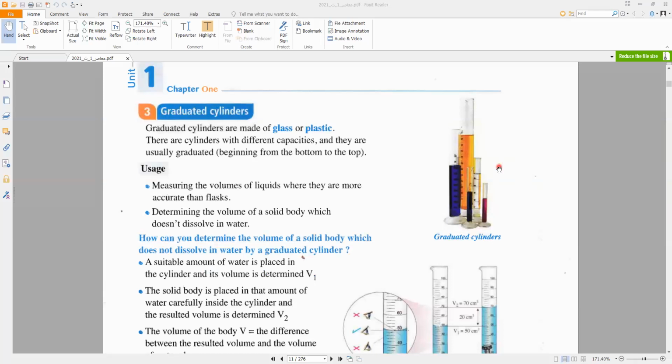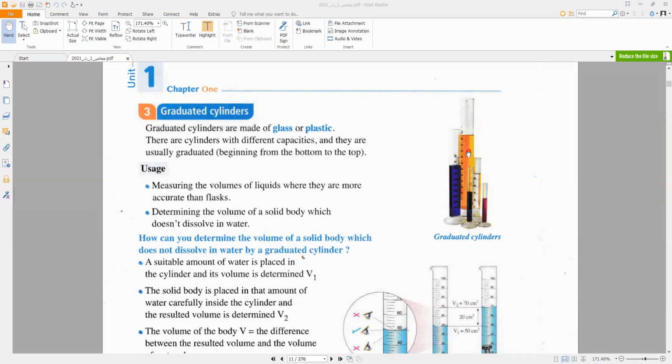Very good. Number two, it is used to measure the volume of an irregular insoluble solid substance. For example, if we want to measure the volume of a key, we calculate its density.